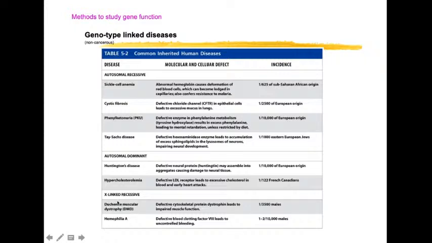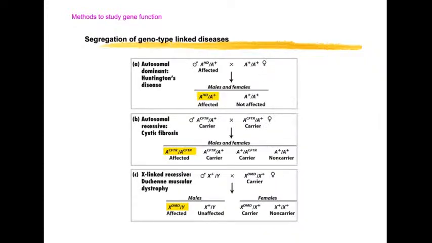Now comes the X-linked recessive diseases, DMD and hemophilia A. In Duchenne muscular dystrophy, the defective cytoskeletal protein dystrophin leads to impaired muscle function, and in hemophilia, defective blood clotting factor 8 leads to uncontrolled bleeding. So each has its own way of causing disease, from autosomal recessive and autosomal dominant to X-linked recessive. Then segregation of genotype-linked diseases in the next part.